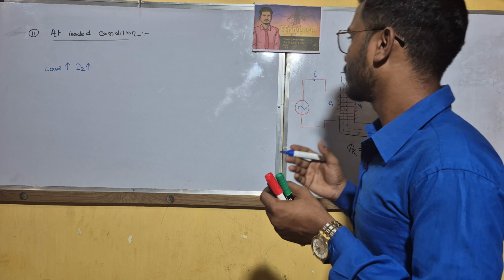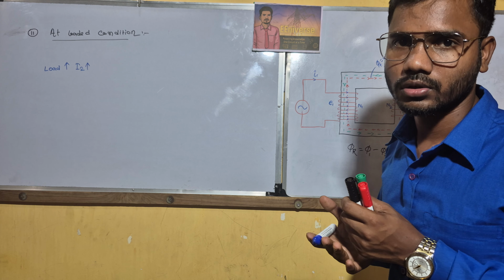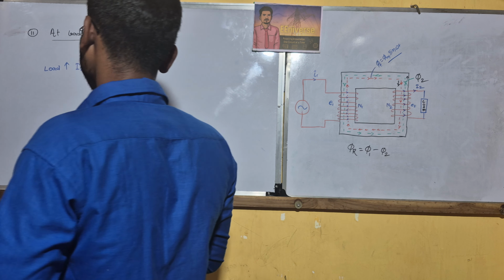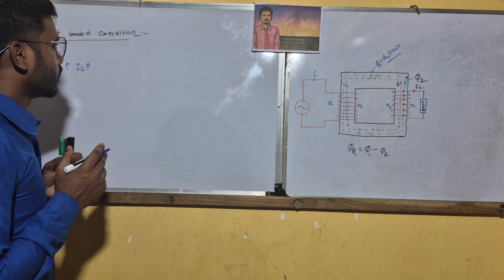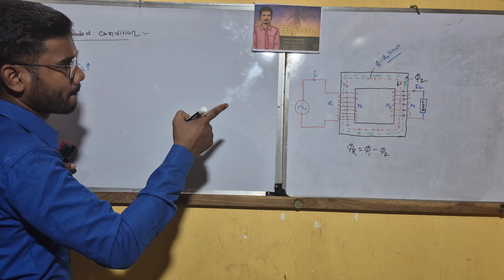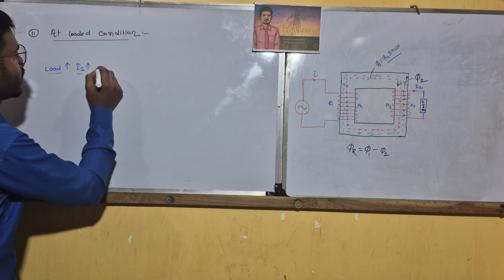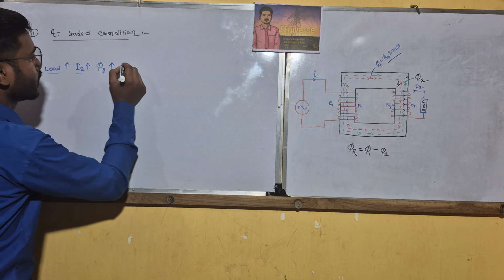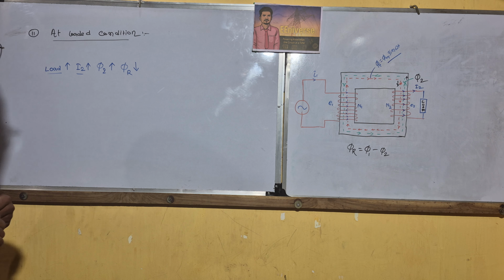When our load is increasing, the current drawn on the secondary side also increases. Then phi 2 increases, and the resultant flux decreases, right?